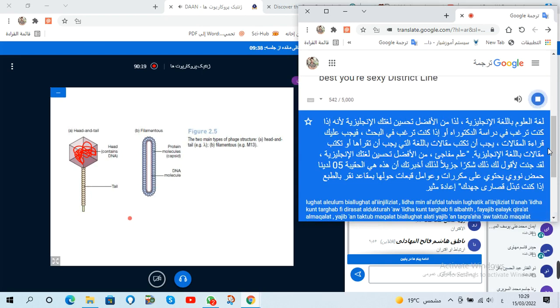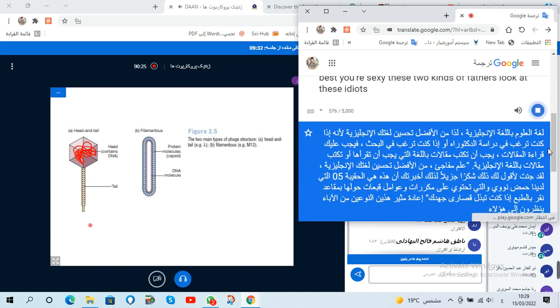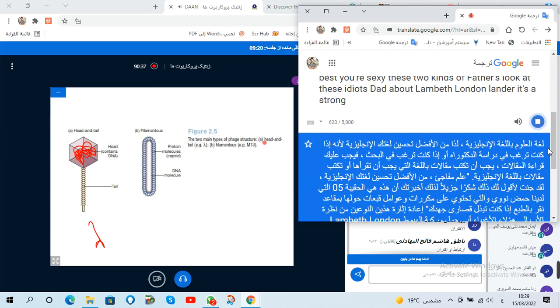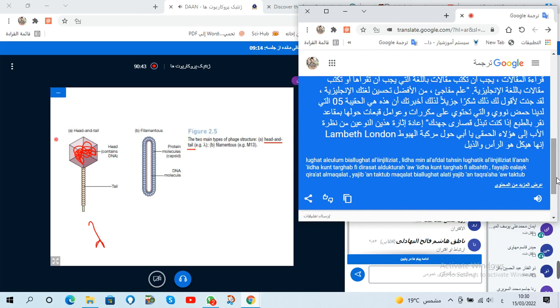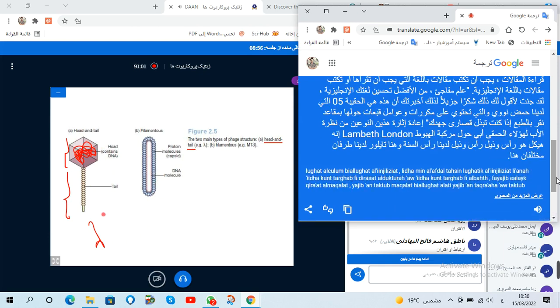These two kinds of phages. Look at this. Did you study about lambda phage? Lambda, yeah. This is phage lambda. Its structure is head and tail. We have the head here, and here is the tail. So we have two different phages here. Here is lambda.